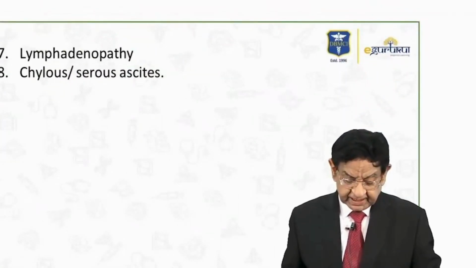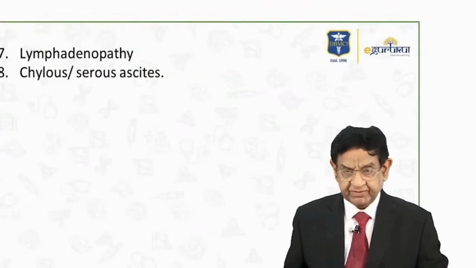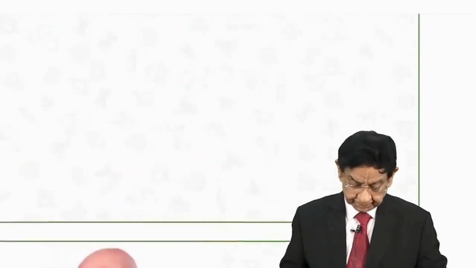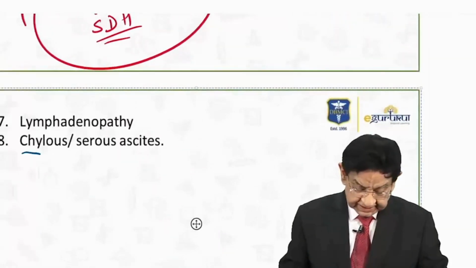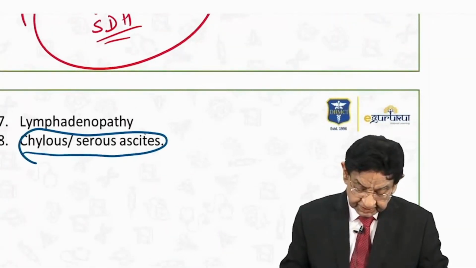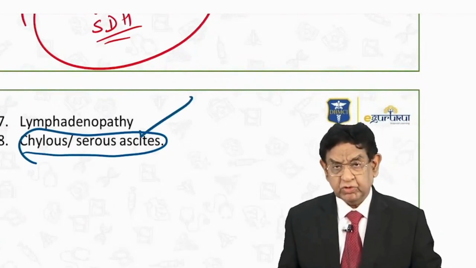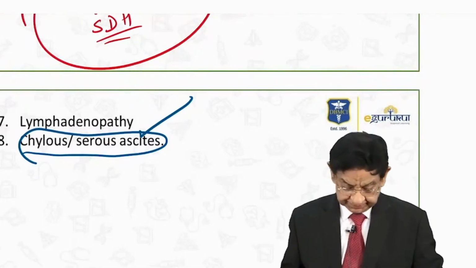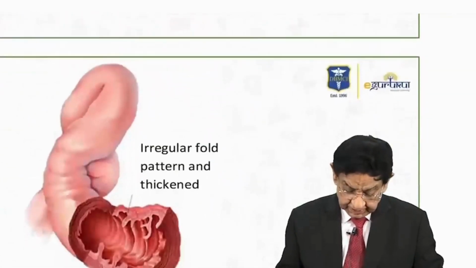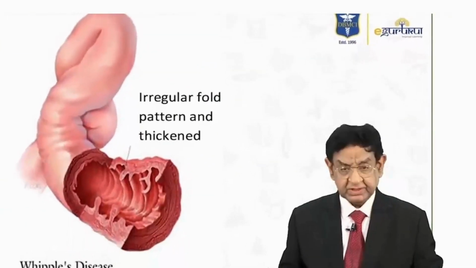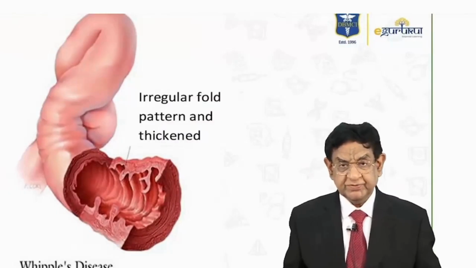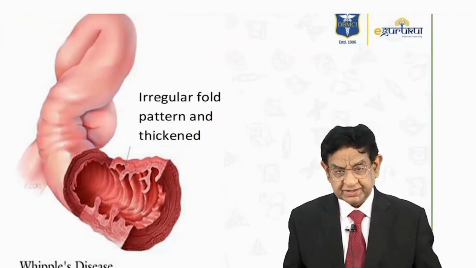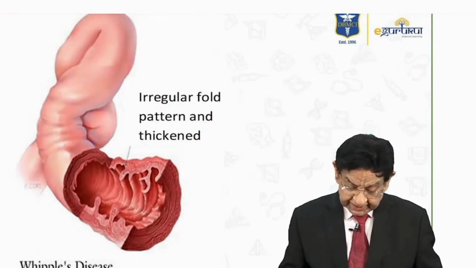Lymphadenopathy and chylous type of ascites may be a feature, but not a very important finding. So let's talk about pathology. What type of finding you get is an irregular fold pattern and thickness.